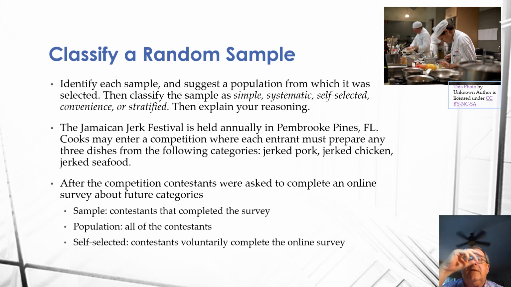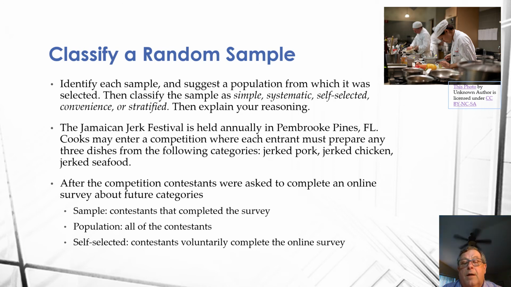So what is our sample? Well, our sample would be any of the contestants that decided to complete the online survey. Our population would be all the contestants, since all the contestants were given that information. So that would be our population of those entering the cooking contest. And as far as the type of sample, this would be self-selected.